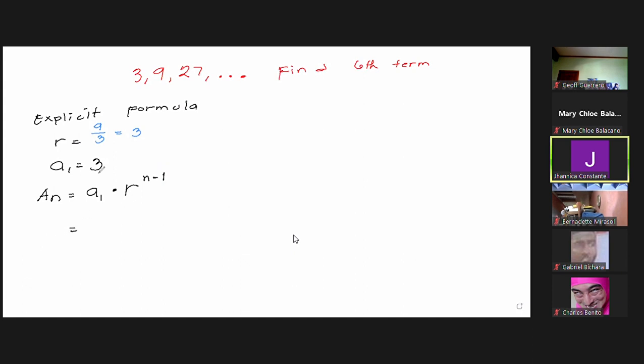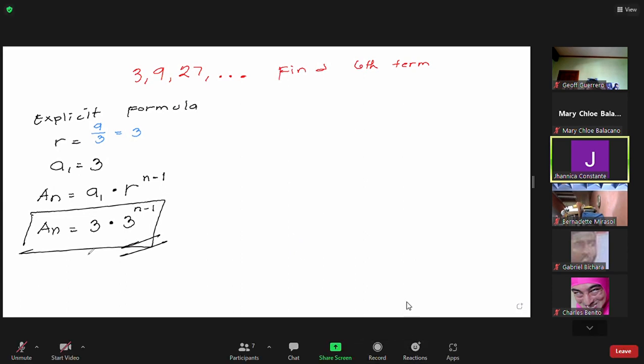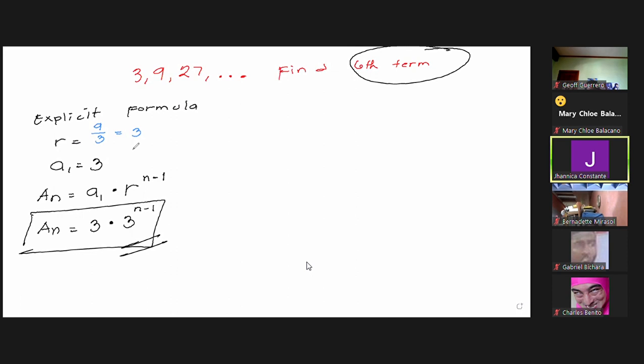So our first term is 3 multiplied by the common ratio, which is also 3, raised to n minus 1. So this is our explicit formula. Okay, this is the one that we are going to use to solve our 6th term.